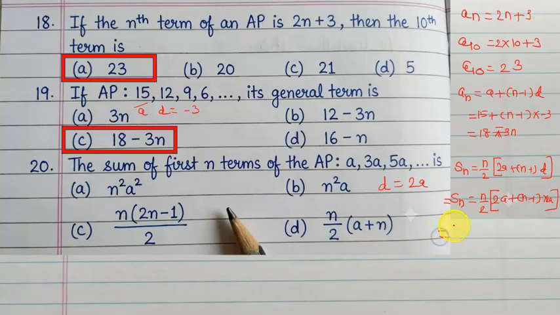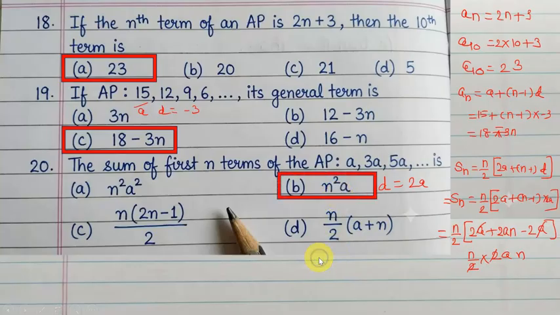Now simplification. n upon 2 into 2a, and then here 2an minus 2a. Here plus 2a minus 2a get cancelled. n upon 2 into 2an, and here 2 get cancelled. n into n, n square into a, and hence option B is correct.